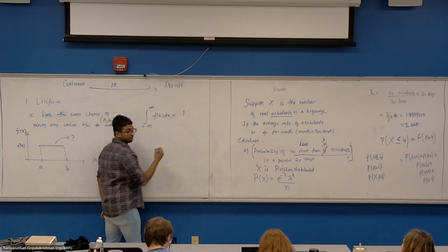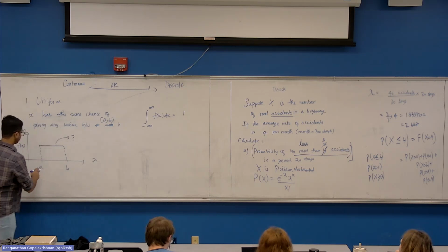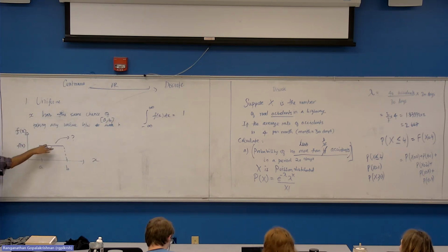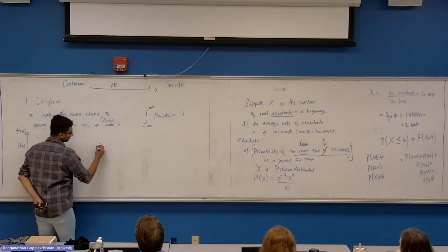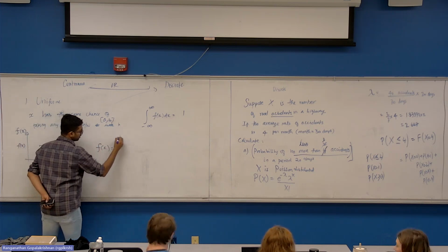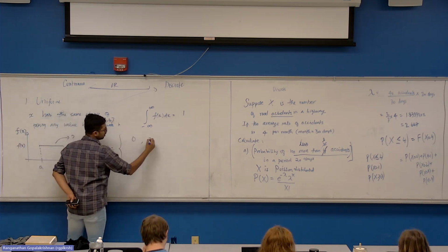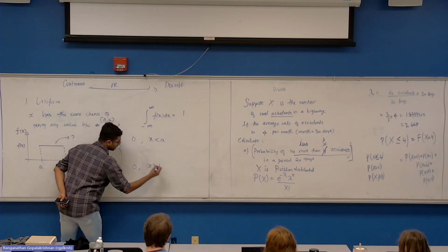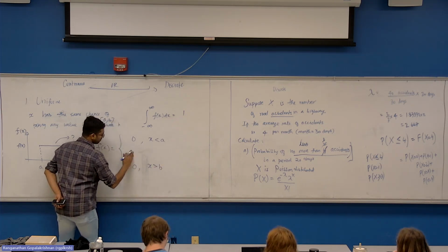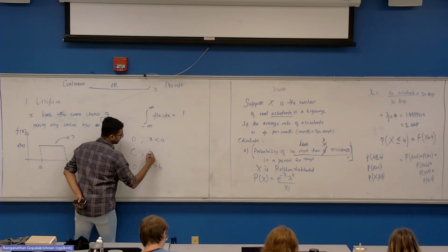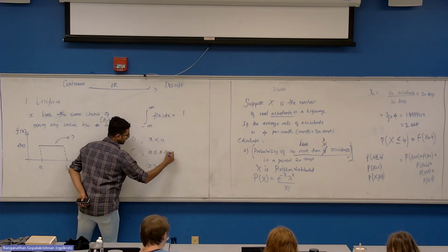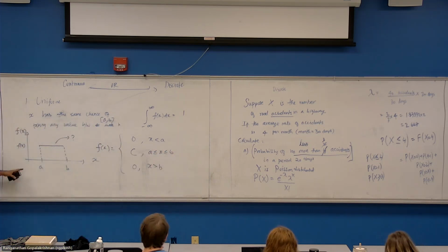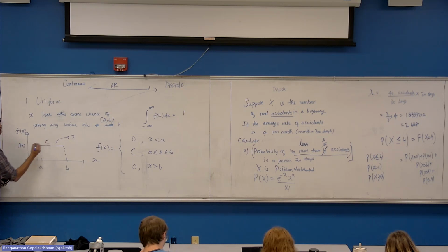1. Okay. In this case, even though this function looks like a flat line between A to B, you can just define the function to be f of x equal to 0 when x is less than A and 0 when x is greater than B, and then some value C when x is between A and B. This is some unknown value C which we are going to determine.